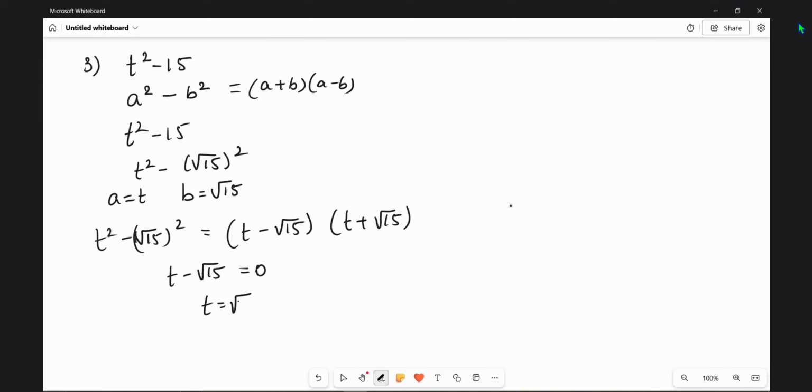Another one, t plus root 15 is equal to 0 and t is equal to minus root 15. Okay. So that means alpha is equal to root 15 and beta is equal to minus root 15. Now verify.